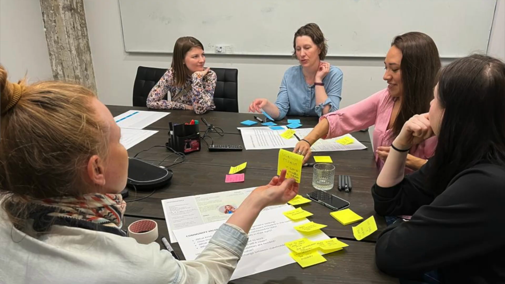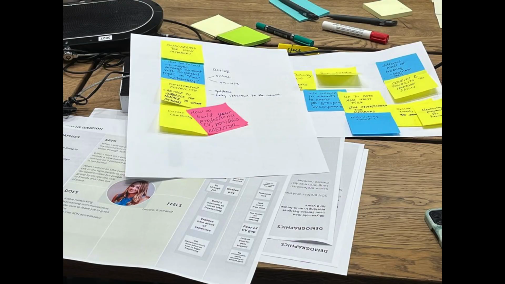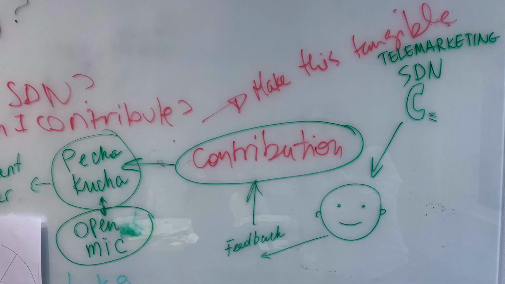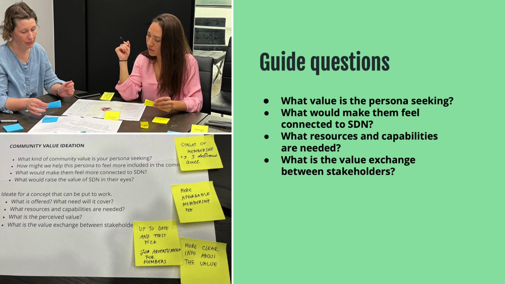So they chose an idea to develop further, and we gave them a bit of time to think on how to answer this how might we question for their specific persona. We also gave them a few questions to serve as a guide.